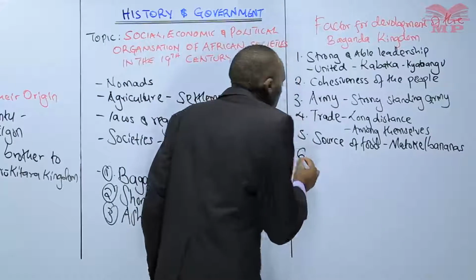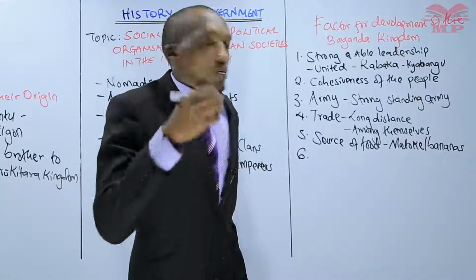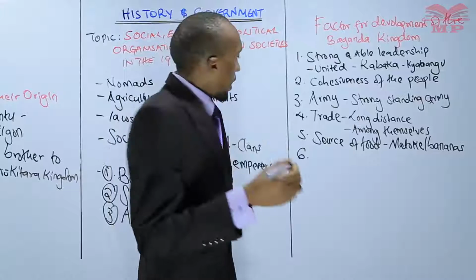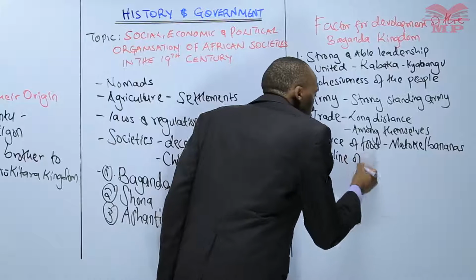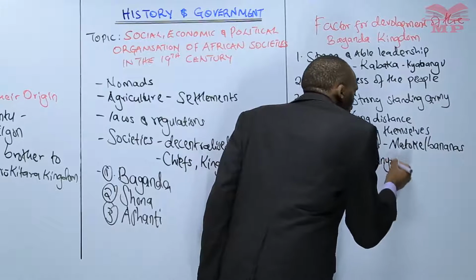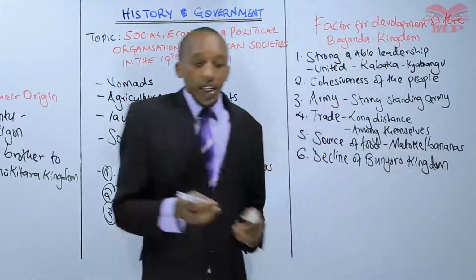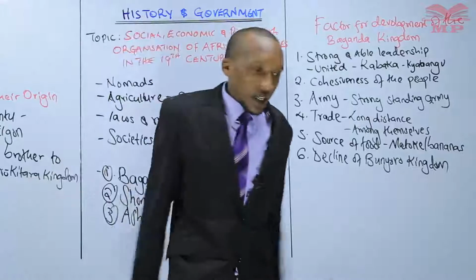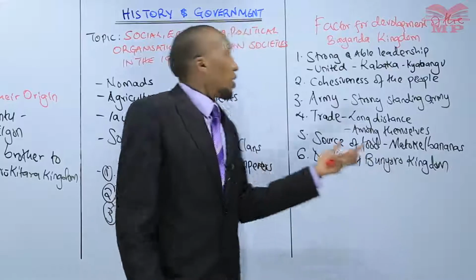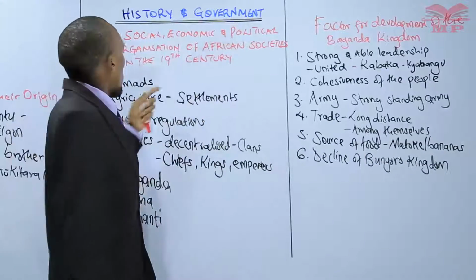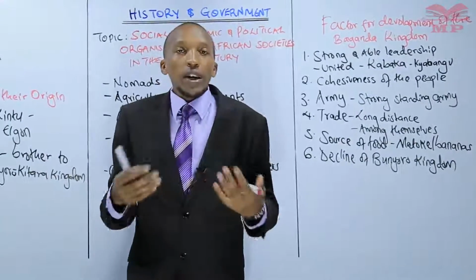And then another factor that led to the development of the Baganda Kingdom was the decline of Bunyoro Kingdom. Around the 18th century, or at the beginning of the 19th century, this Bunyoro Kingdom, the biggest rival before the development of the Buganda Kingdom, declined or was defeated.